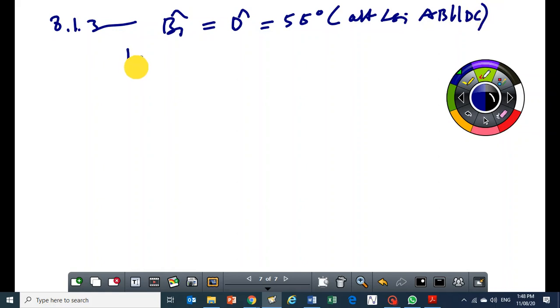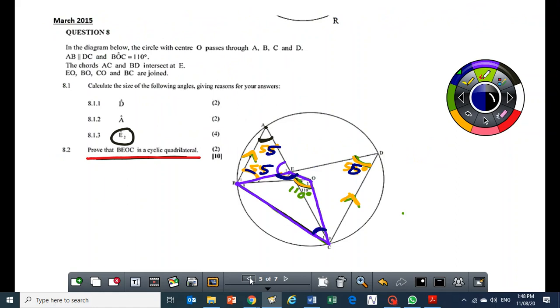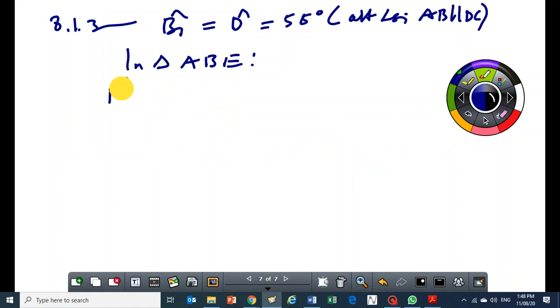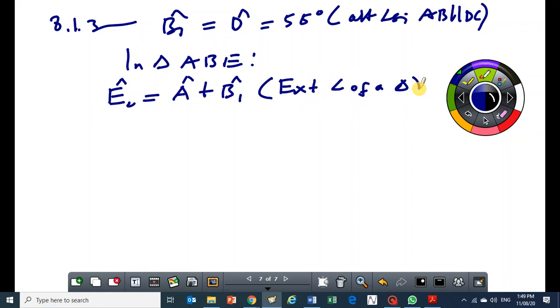And then in triangle ABE, and our triangle ABE is this one. That's ABE. Our E2 is going to be equal to angle A plus angle B1, and that is the exterior angle of the triangle.